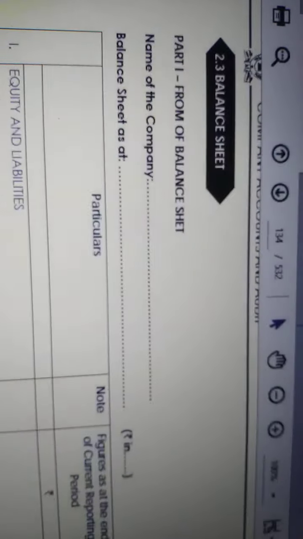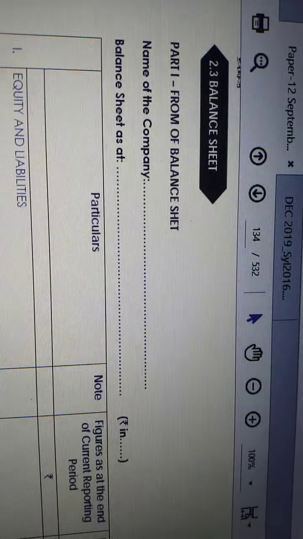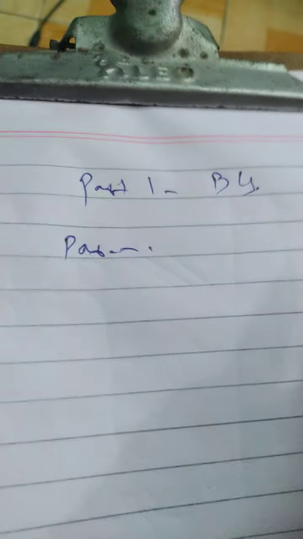Then come to the balance sheet. We will now discuss the format of the balance sheet, Part 1. The columns are particulars, notes, current year, and previous year.